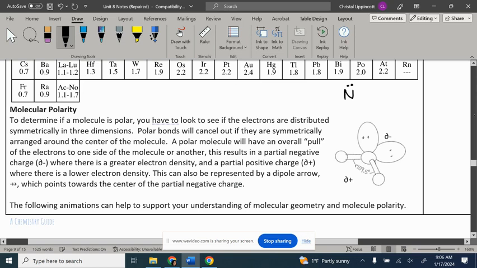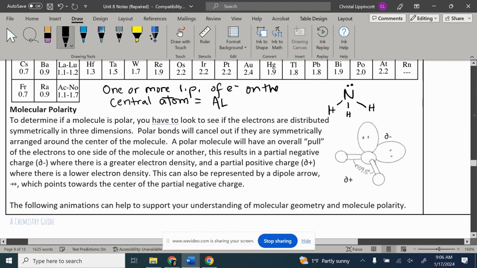If your central atom has at least one lone pair of electrons attached to it, it is always polar. So one or more lone pairs of electrons on the central atom equals always polar.